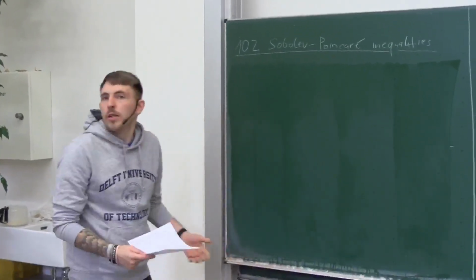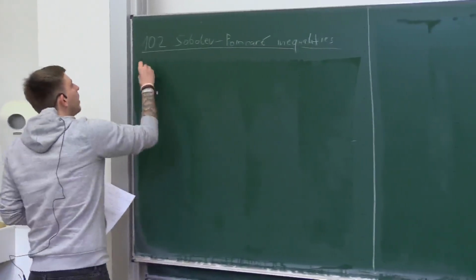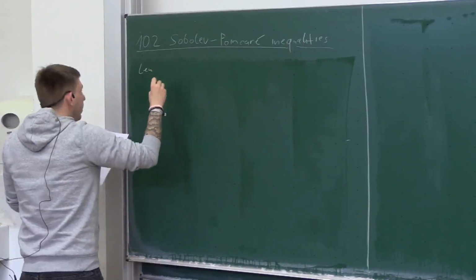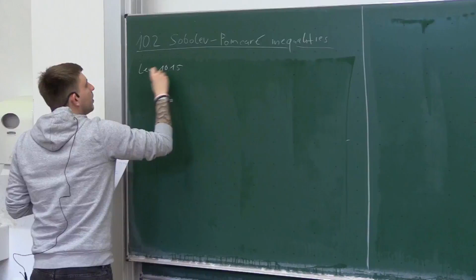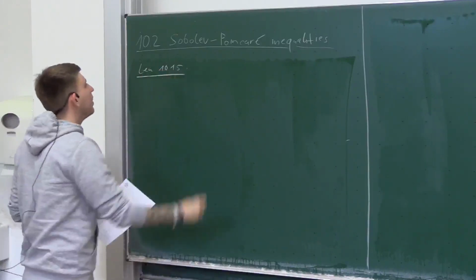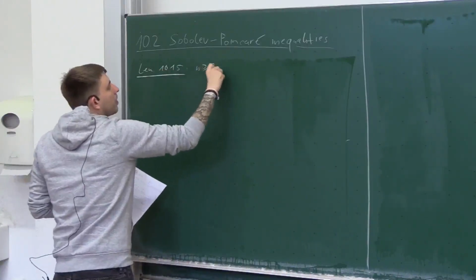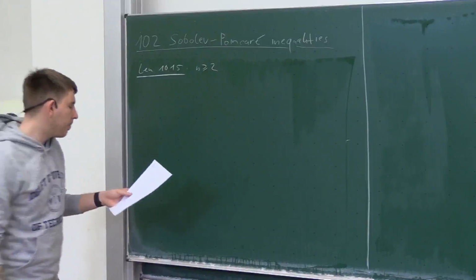Now we come to the actual potential representation, and this is Lemma 10.15. What does it say? Here we work in dimension at least 2.